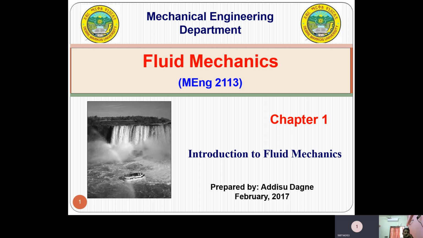Among these layers, all the 5 layers will experience shear resistance, shear stress, from the adjacent layers. The first layer will experience friction or resistance to the fluid flow from layer 2, and layer 2 will experience the shear stress or frictional resistance from layer 1 on the bottom side and layer 3 on the top side.